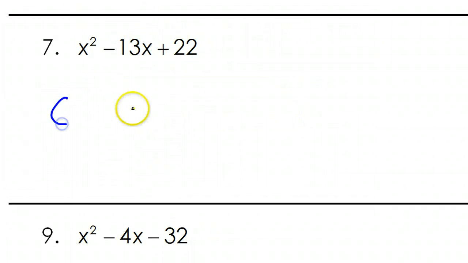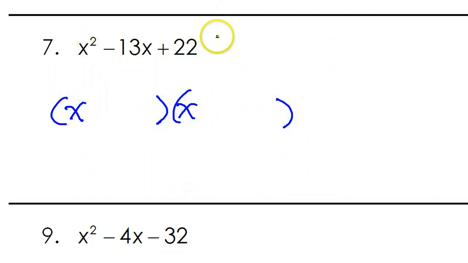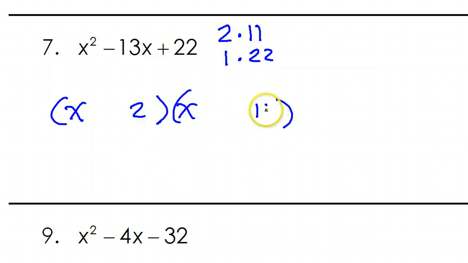All right, number 7, another super easy problem. X squared is x times x. 22 is either going to be 2 times 11 or 1 times 22. Let's go with the 2 times 11 option. Inner, I've got 2x.